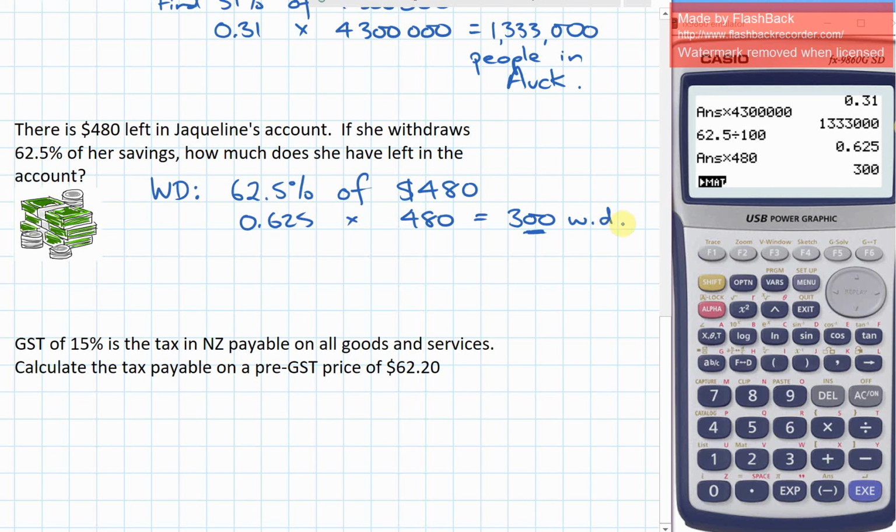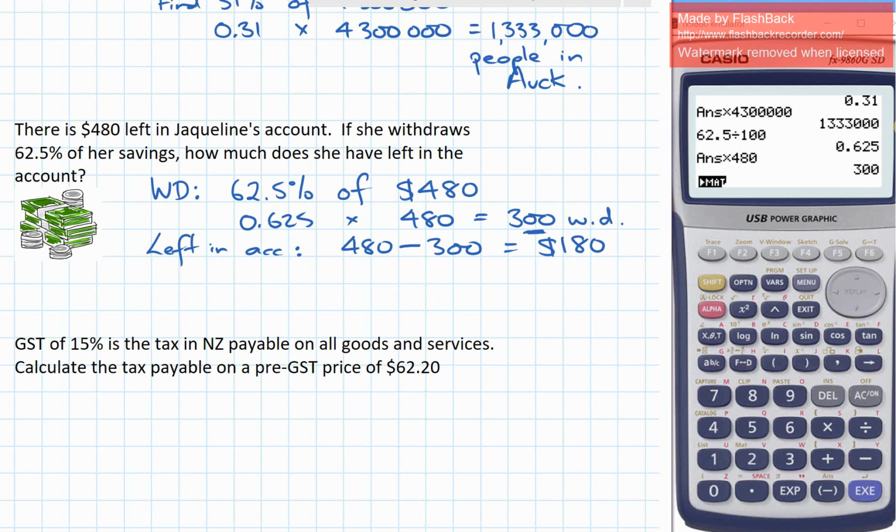She withdraws that amount. The question is asking how much does she have left in her account. So left in account is 480 minus 300, which is equal to 180. So just take care you read the questions carefully.